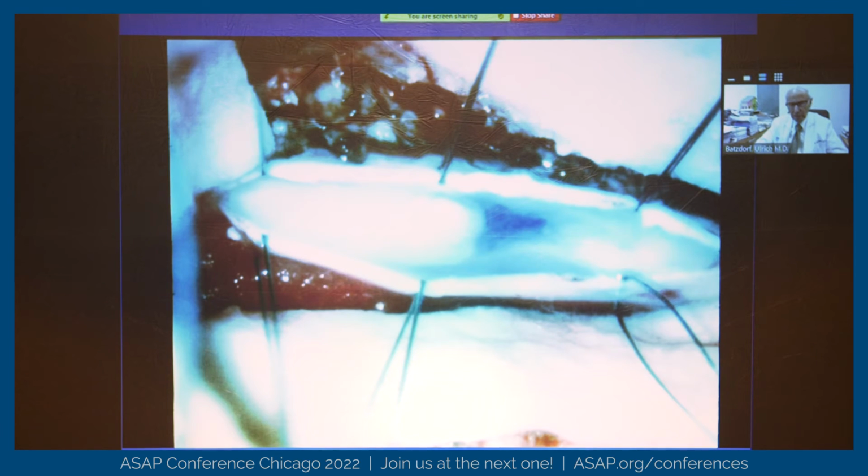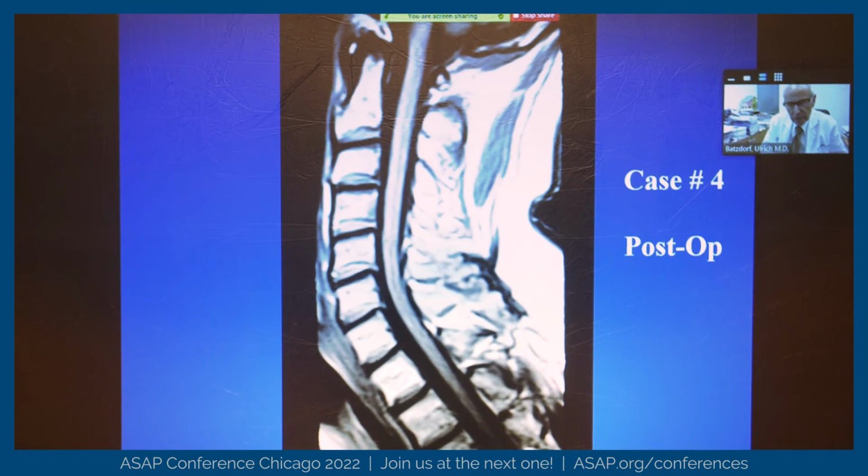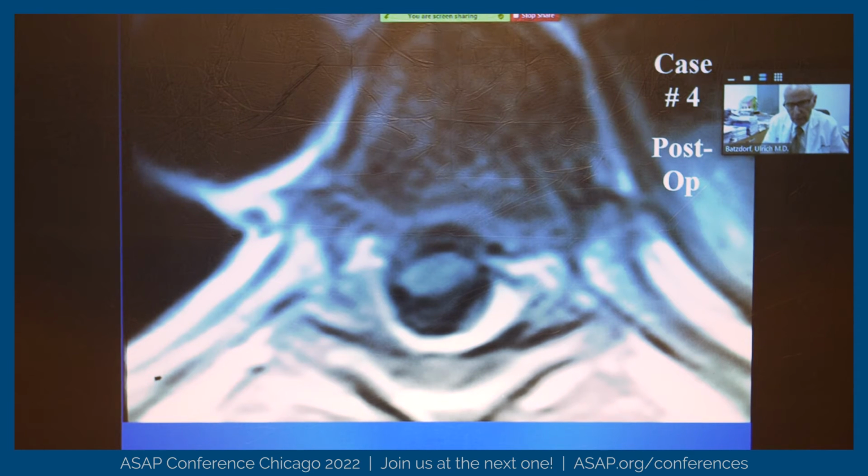And here it is outlined by dye at surgery, and you can see how the flow of spinal fluid is obstructed by the scar. And here, the same patient after surgery with collapse of the syrinx cavity. And again, on the axial image, you no longer see that hole in the cord.